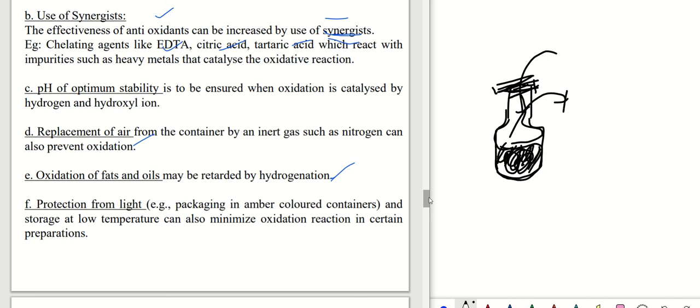We'll discuss this kind of packaging further in the coming slides. So when we pack the drug substances in such containers, we are protecting from light, because light and temperature act as a catalyst for a reaction to occur. So if we protect our drug from such factors, we are retarding the degradative processes.